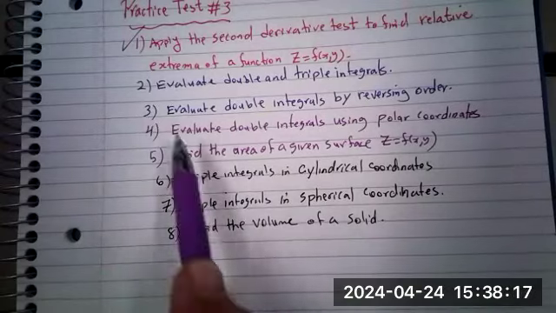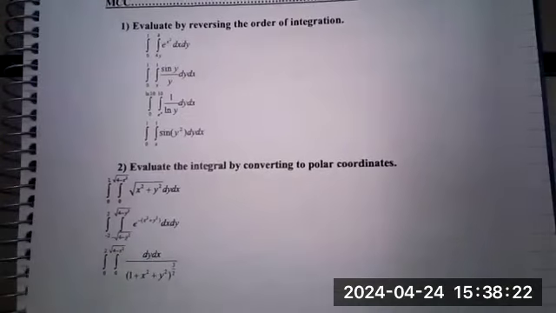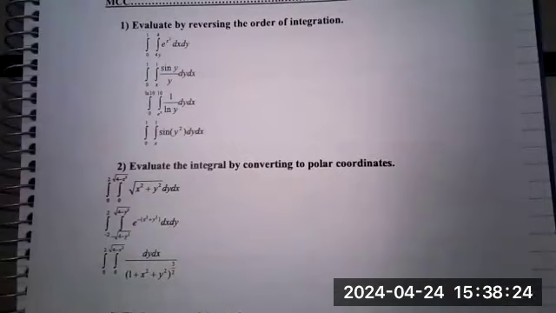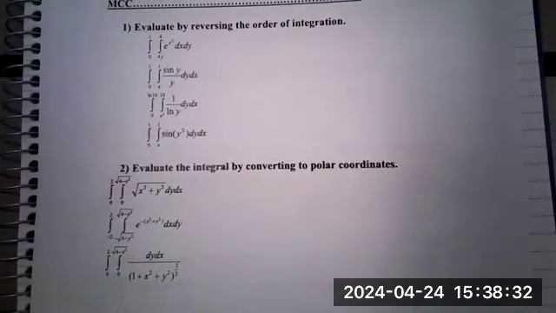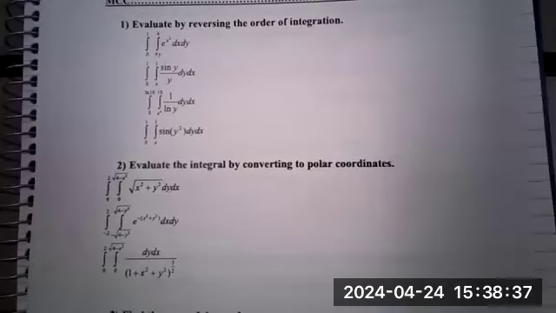We have all of them over here, one by one. The first one, we are going to do reversing the order, okay? It's not a difficult one. You have to make sure that you get the limits of integration correct.